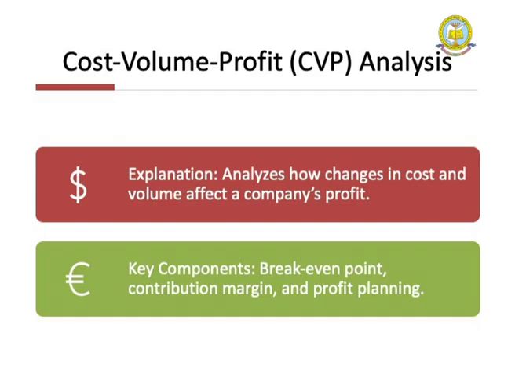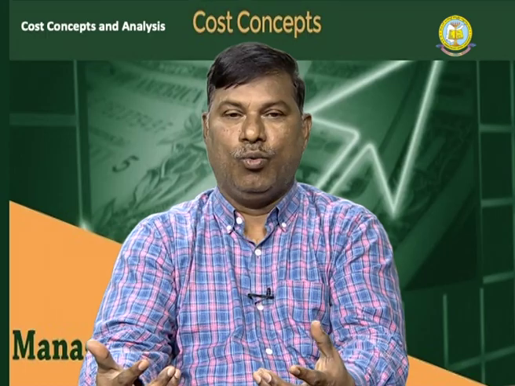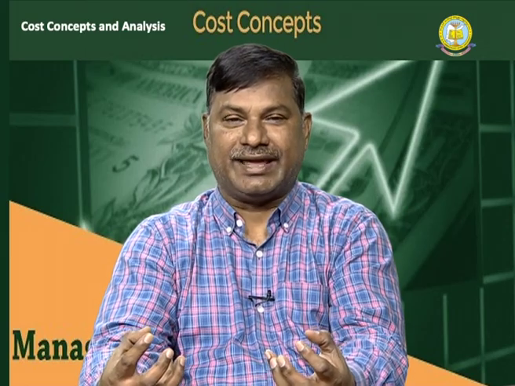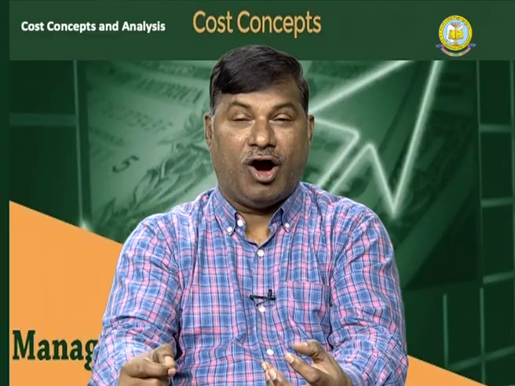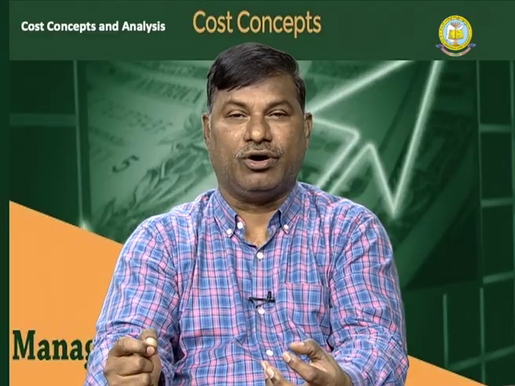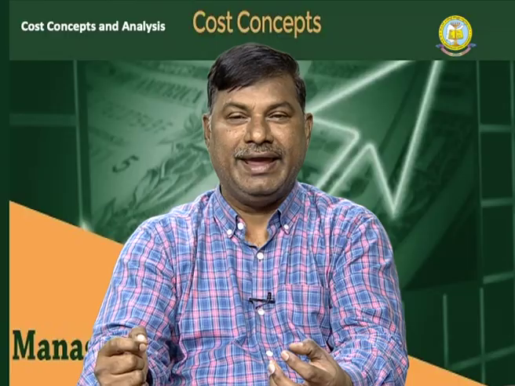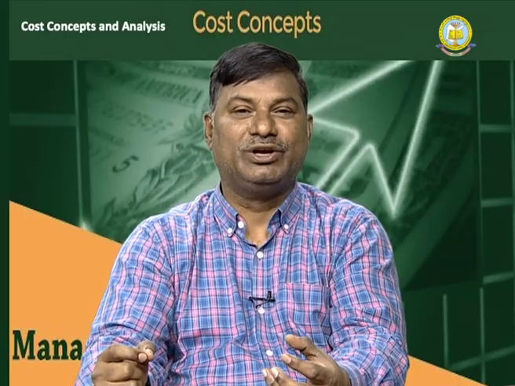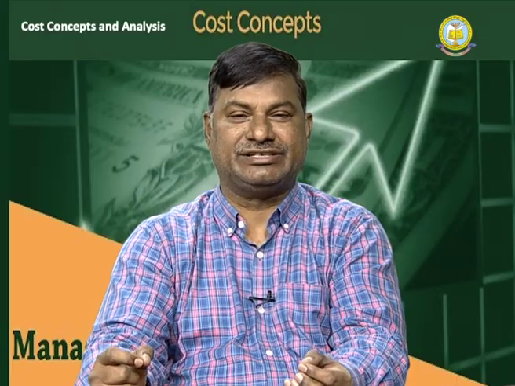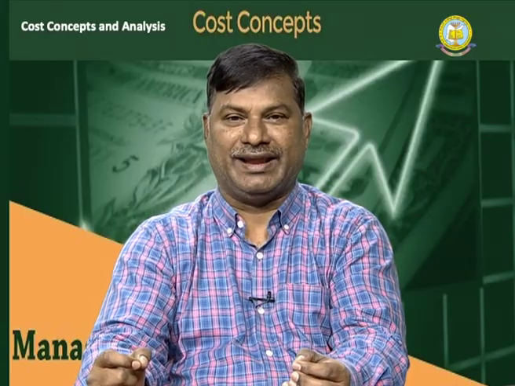What is the cost incurred for a given level of output, and for each level of output, what is the profit or loss that the company may incur or yield? This is what we do in CVP analysis, or cost, volume, profit analysis.